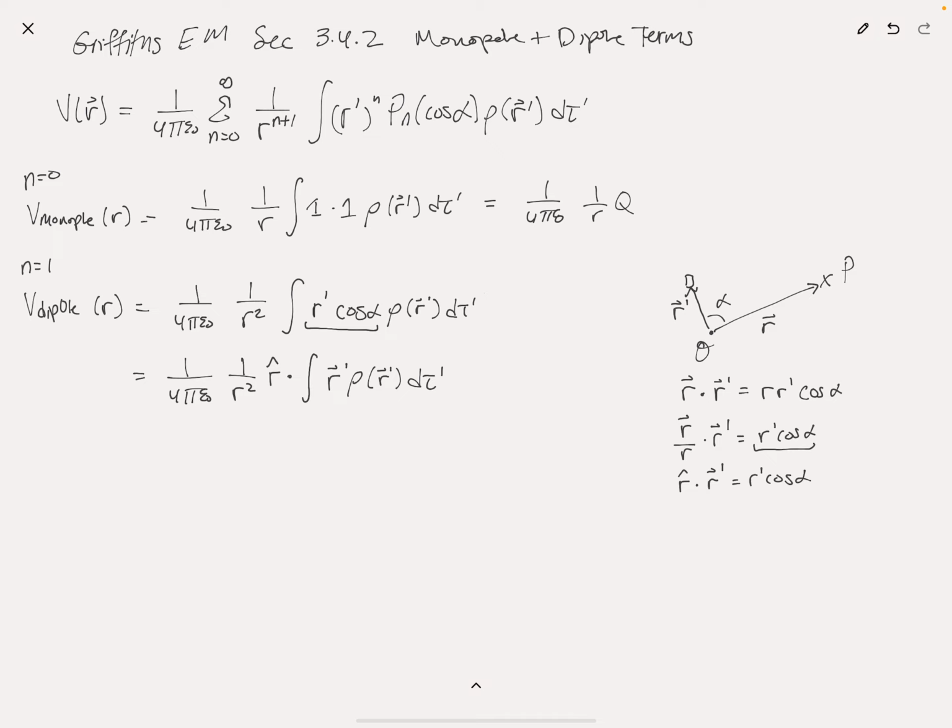Okay, so how does that help us so far? If you look back or remember your mechanics class, we defined something called the moment of inertia. Okay, the moment of inertia basically said, I have some object, and what I want to do is calculate the moment of inertia by adding up all of the masses that exist, and I want to weight those masses by the square of where they live.